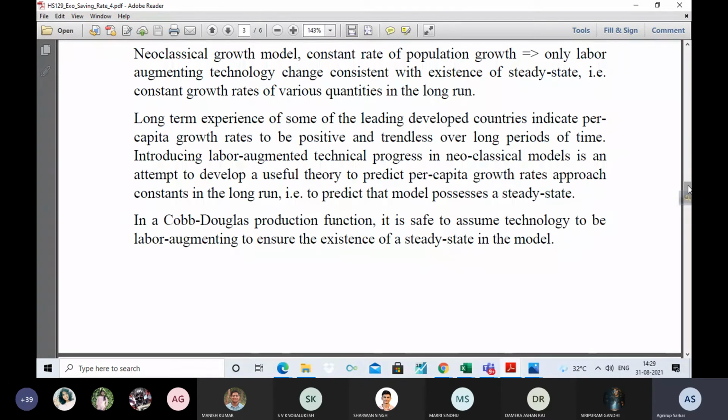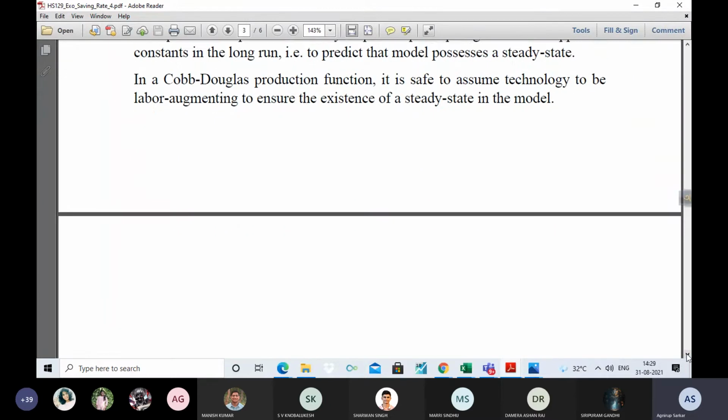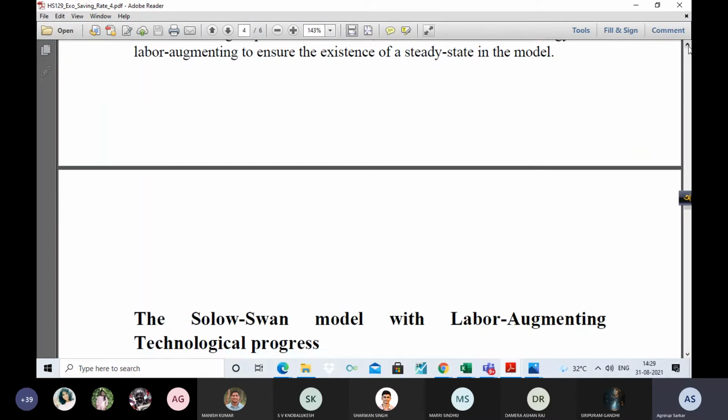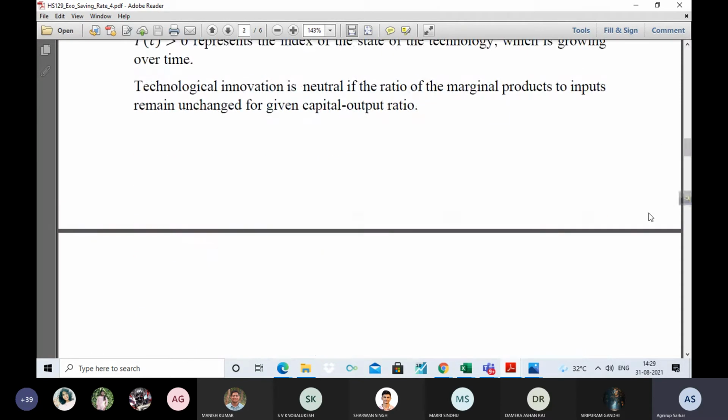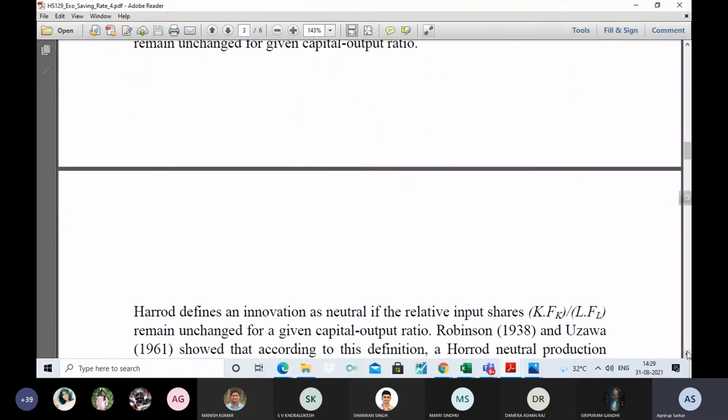So if the production function is a Cobb-Douglas production function, then what would happen?